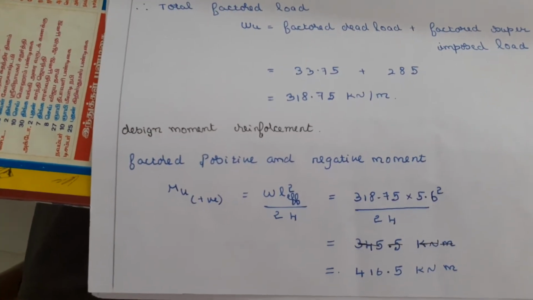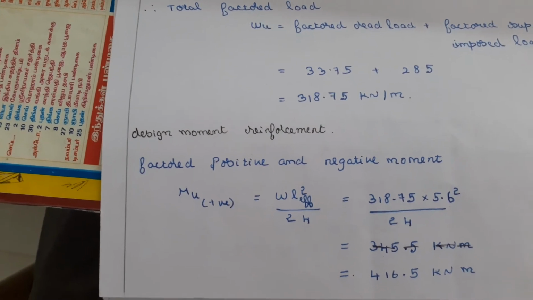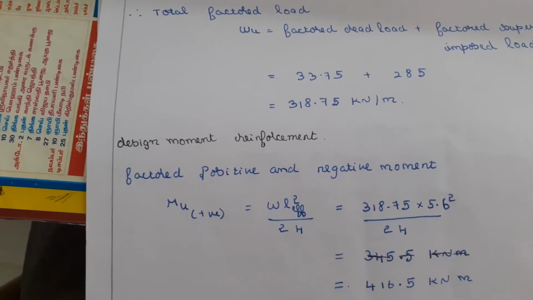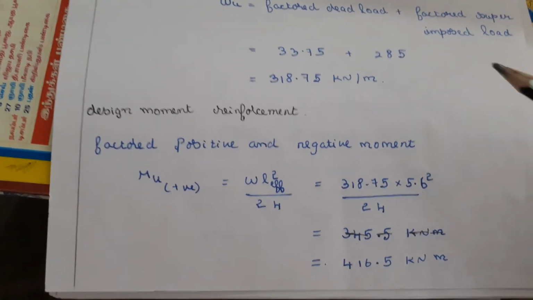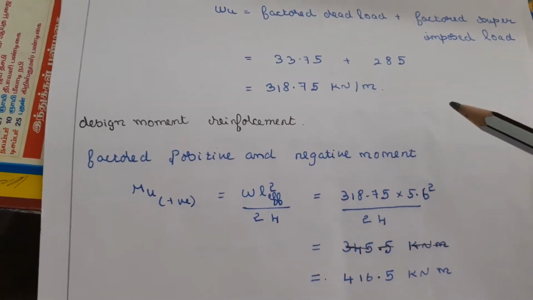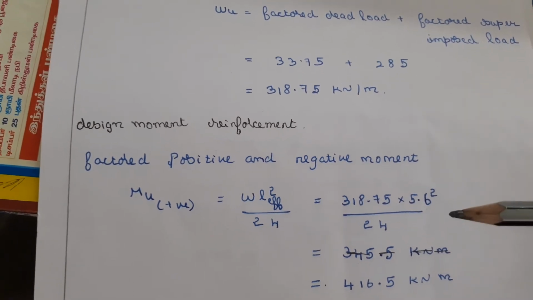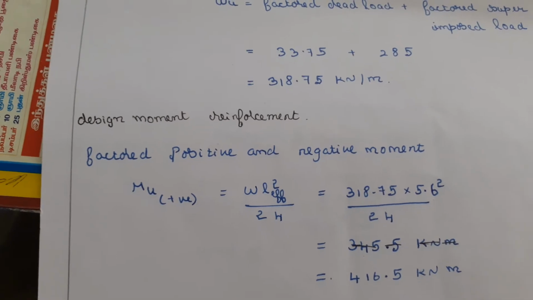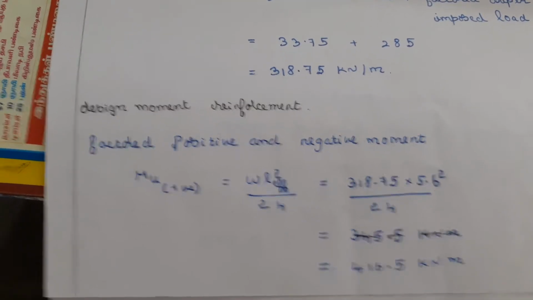Now we are going to calculate the design moment and reinforcement. For the factored positive and negative moments, Mu positive is W L effective square by 24. W is 318.75 into 5.6 square, divided by 24, we get 416.5 kilonewton meter as the positive moment.